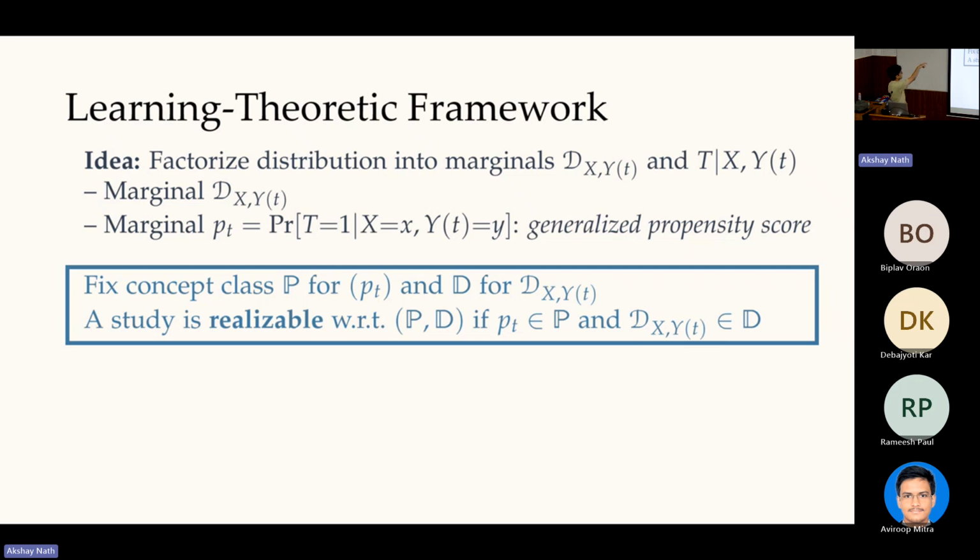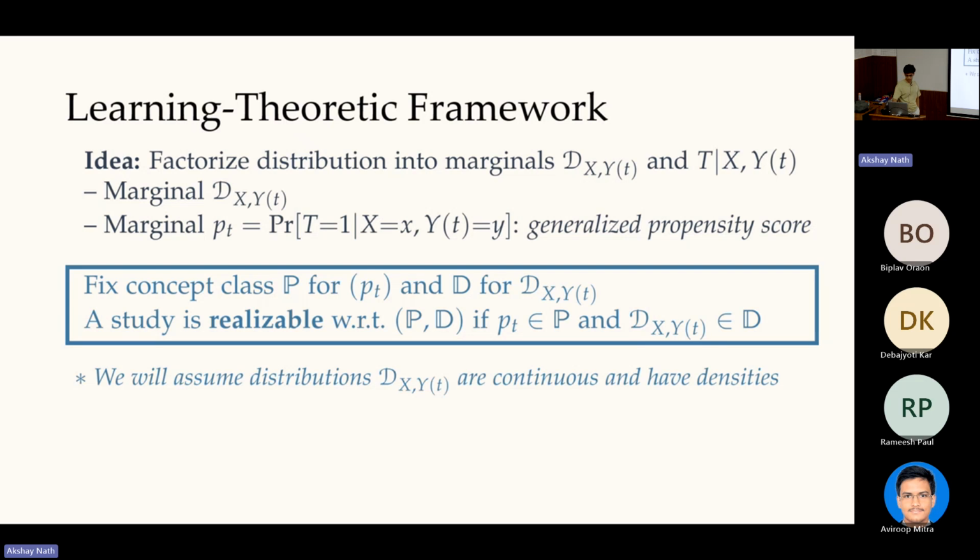So I'll say that my marginal of feature and outcome belongs to some class of distributions D, and my marginal of the generalized propensity scores belongs to some class P. And now I'll call my observational study distribution realizable if the corresponding marginals belong to the respective classes, right? If people assume Gaussianity, this is just saying that Gaussians are my class and my distribution is a Gaussian. But here there are some abstract classes.